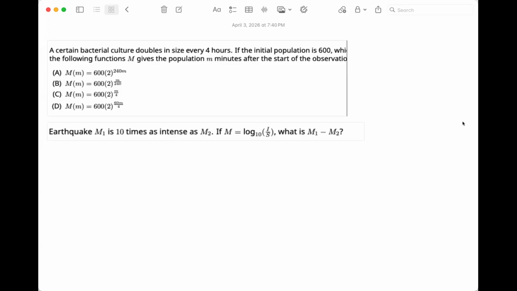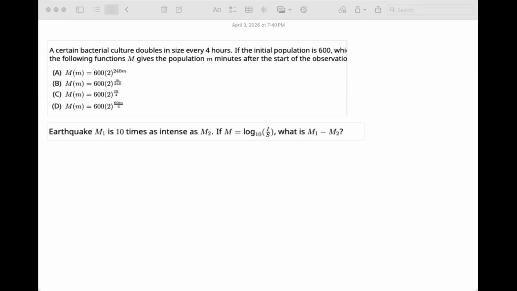M is equal to log base 10 of I by S. M is equal to, okay, 10 times as intense.